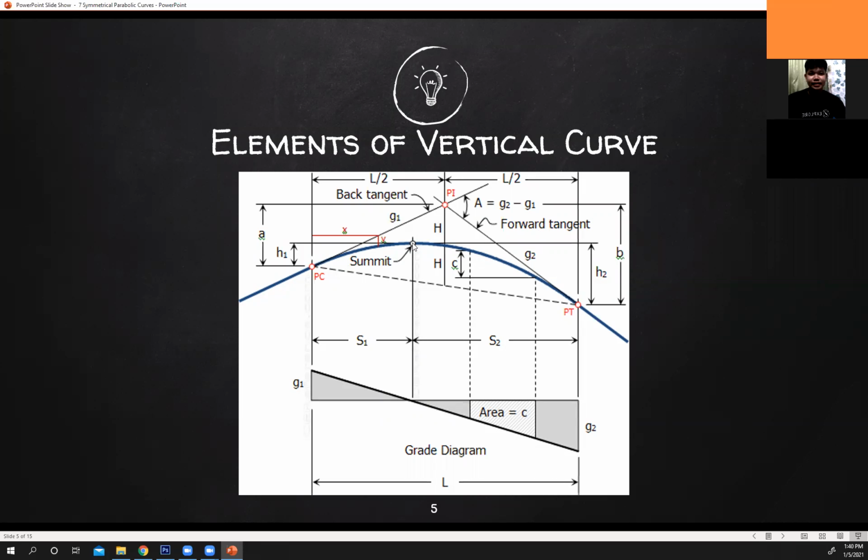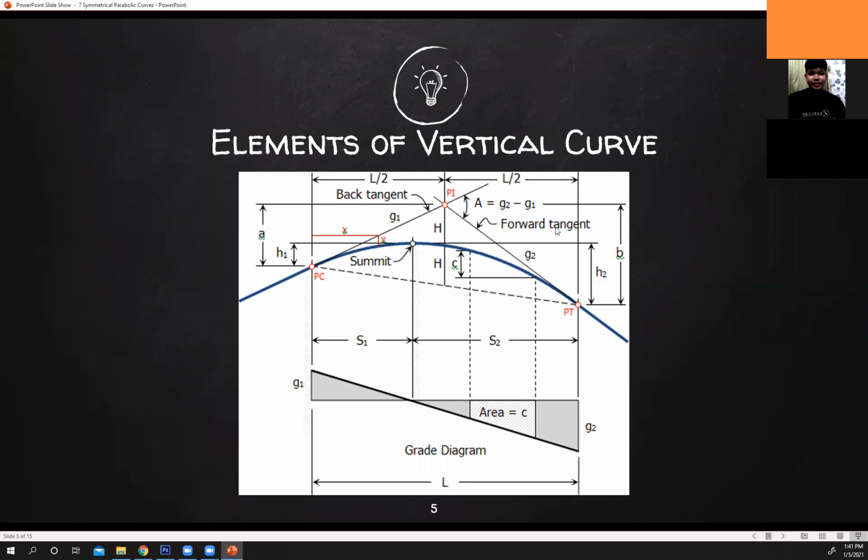You have this point right here. You're either going to have a summit or a sag. Summit means the highest point on your parabolic curve. Now for sags, it's going to be oriented the opposite way. It's going to look like a sag, hence the name, and it's the lowest point on your curve. So that's a new part, not seen in simple curves.